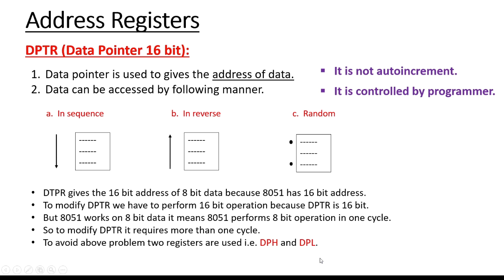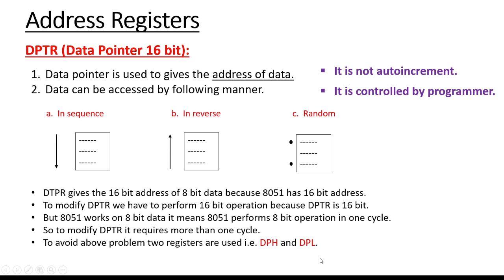Next is the DPTR. DPTR is a 16-bit pointer, the data pointer. This data pointer is used to give the address of data in internal RAM or external RAM. There is every possibility that in our embedded system we have interfaced external RAM or external ROM with the microcontroller.